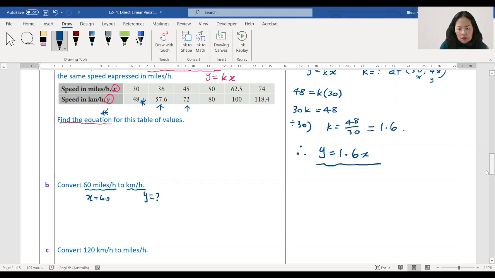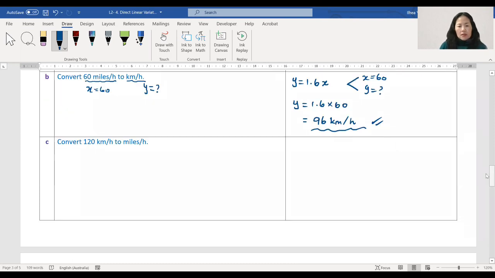The formula was y equals 1.6x, and x is 60, and we need to find y. So I'm going to put y equals 1.6 times 60. If I do that, I will get 96. Be careful what you write for your unit: kilometers per hour.